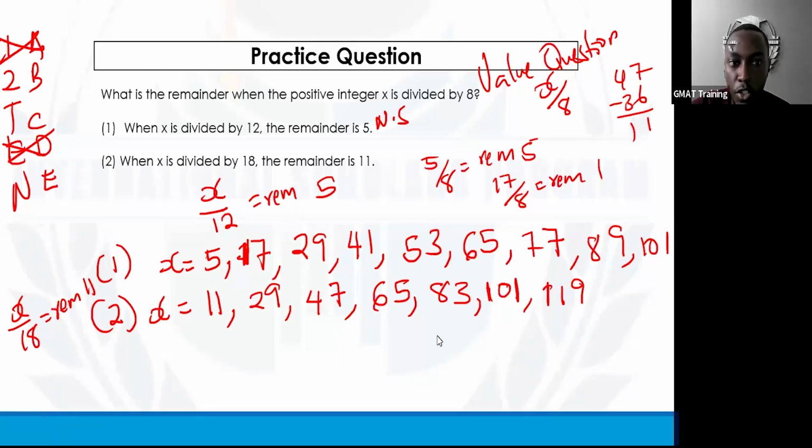So these are the possible values for x: 11, 29, 47, 65, 83, 101, 119. You can confirm that too.